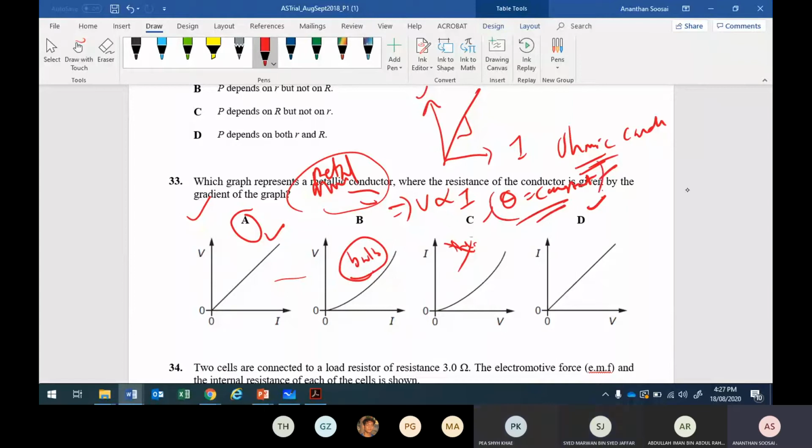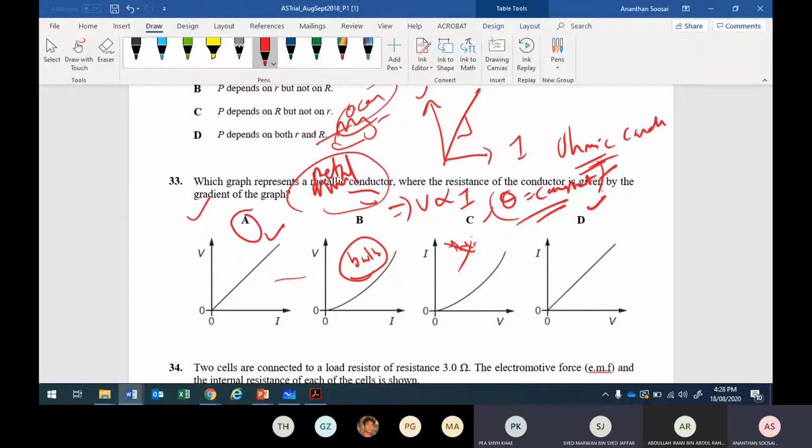If the temperature is constant, the graph is going to be a straight line. For V versus I, we must make sure the temperature never rises. But in reality, the temperature is going to go up. If temperature goes up, the graph is going to curve up.